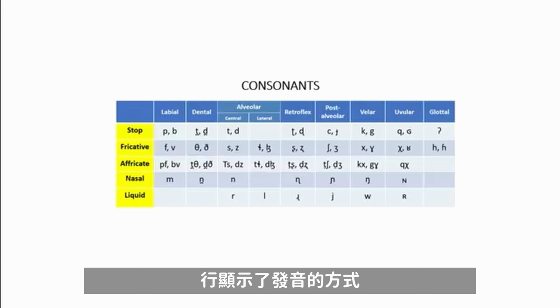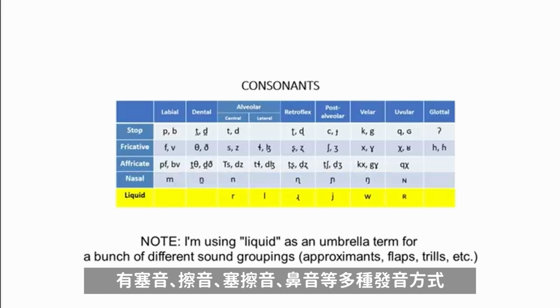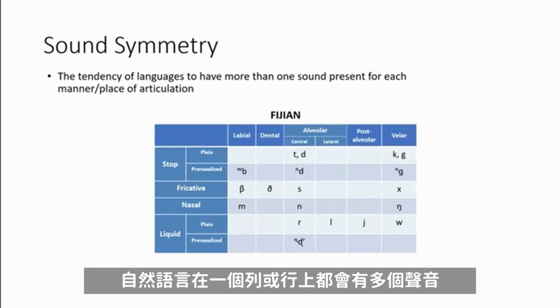The rows represent the way the sound is produced, whether it's a stop, produced by completely obstructing airflow, a fricative, produced by leaving a small gap for air to hiss or buzz through, an affricate, produced by initially obstructing airflow in the same manner as a stop before releasing it in the same way as a fricative, a nasal, produced by letting some air pass through the nose, or a liquid, produced by slightly changing the contour of the unrestricted airway.